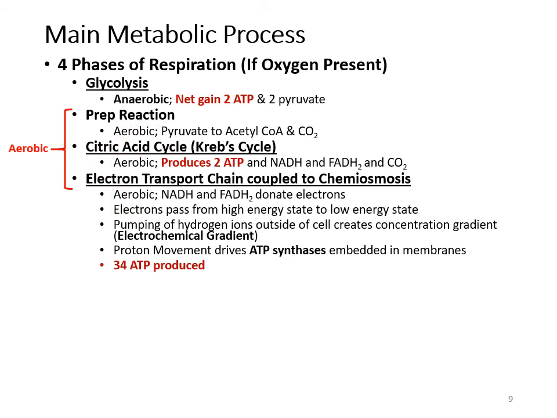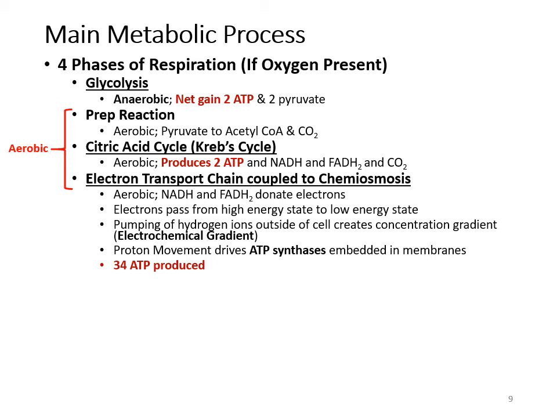I want you to be familiar with each of these names of the processes involved in breaking a glucose down. You have glycolysis, prep reaction, citric acid cycle, and the ETC, electron transport chain coupled with chemiosmosis. You do not have to know the crazy mechanisms of each. You don't have to know pyruvate, acetyl-CoA, any of that.